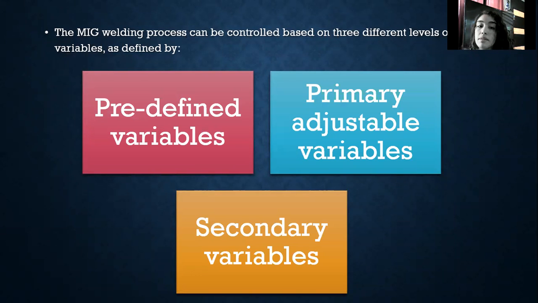The MIG welding process can be controlled based on three different levels of weld variables. First, predefined variables, which are the ones that cannot be changed, like the electrode. Then the primary adjustable variables, which are the ones that can be changed in order to make the desired product, such as the depth, the bead seam, and the width.